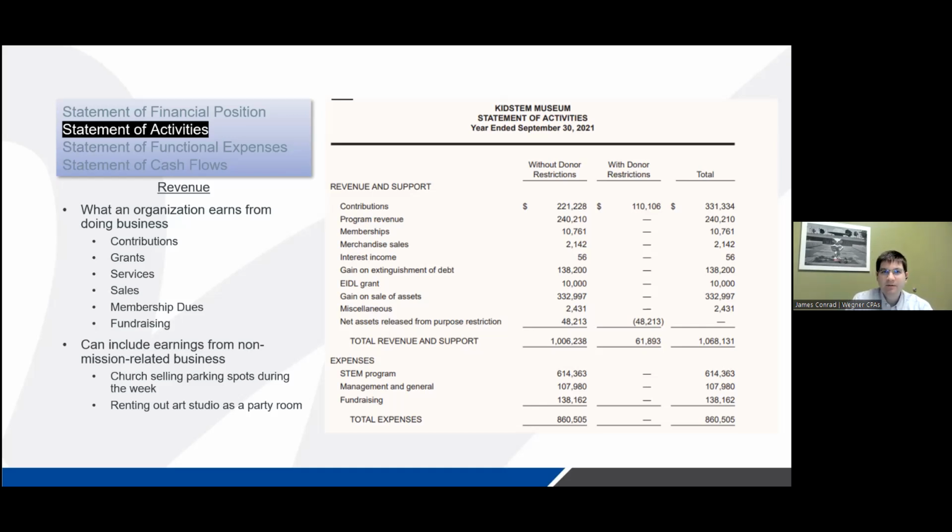But during the rest of the week, they have prime real estate, specifically a parking lot that is empty. You can make some money by leasing out the parking spaces. But a church is not a parking spot company, it is a church. So you are competing with for-profit entities in that regard. It's not part of your mission. So income tax is going to come from something like that.